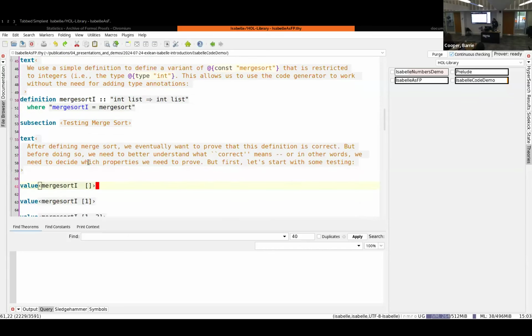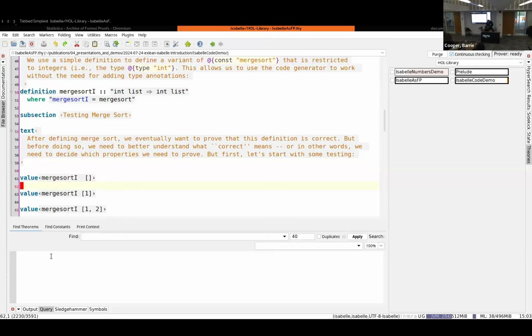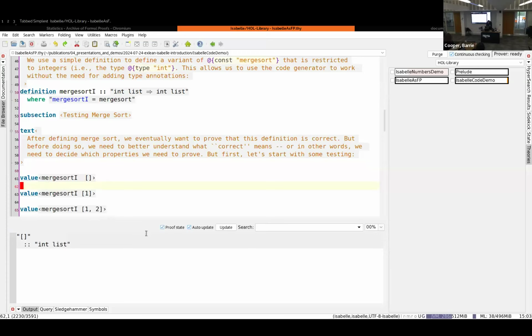And Isabelle has a value statement, in Lean that was called eval. And as long as I'm staying in the executable subset of higher order logic, I can directly execute my functions here as well. And I can, for example, see, going to the output window again, that if I sort the empty list, I get the empty list.